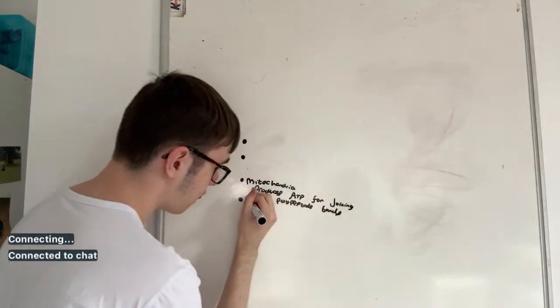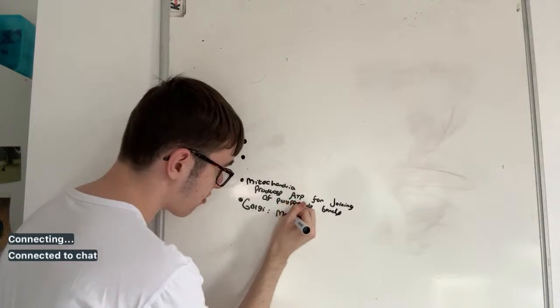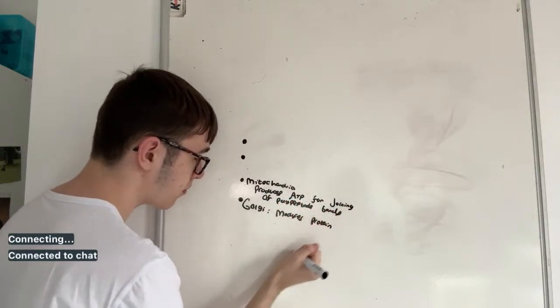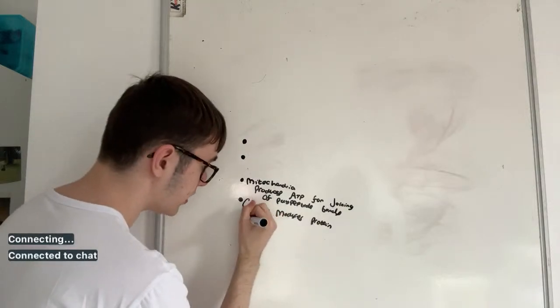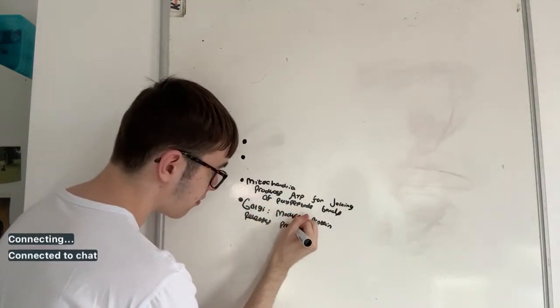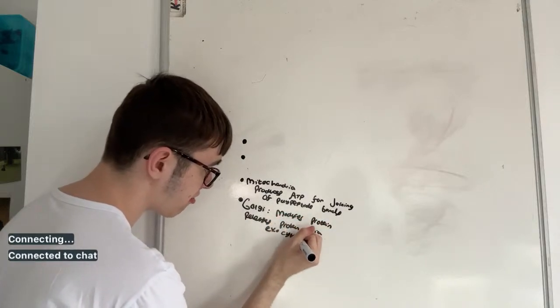bonds. The Golgi modifies protein, releases it, protein, via exocytosis.